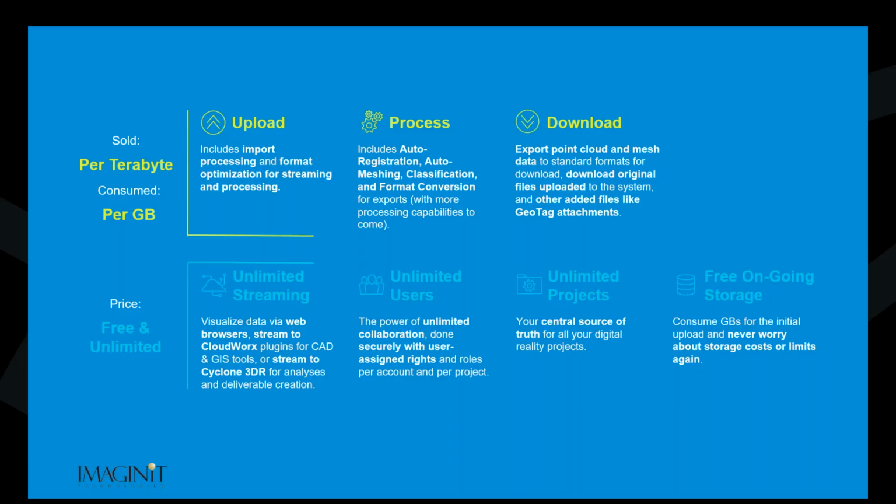Next year, maybe I don't have as much going on and I only need 5 terabytes. So I can subscribe for that 5 terabytes for the year after and use that. But any of the original projects that I did in year 1 are still going to be up there, stored for me. I only need to purchase the data that I'm going to use for uploading, processing, and downloading, not for storage.